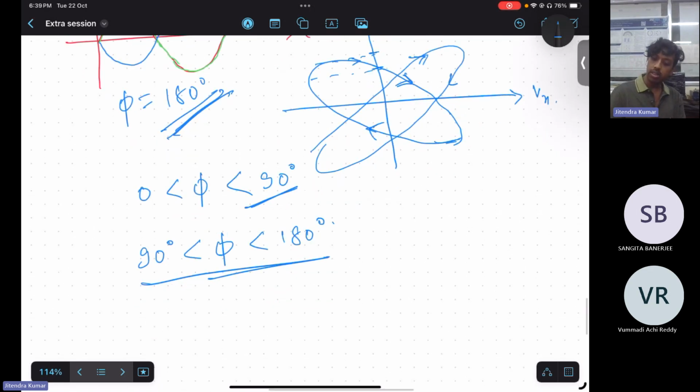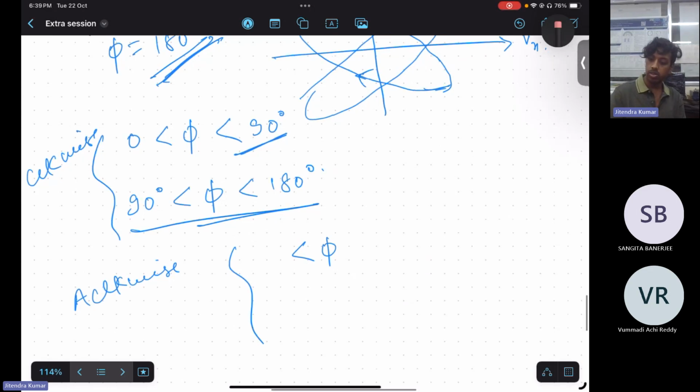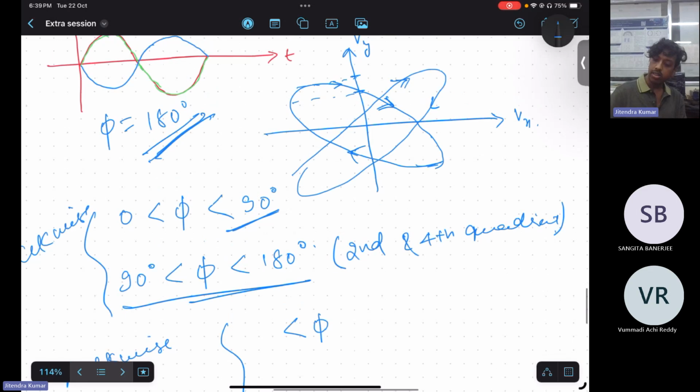And this is for clockwise. If it changes to anti-clockwise, then what will happen? The 90 to 180 case is for the second quadrant, right? Second and fourth quadrant. This is first and third.